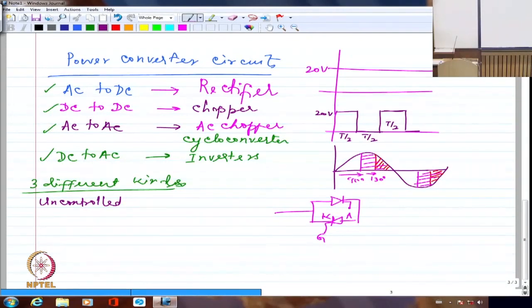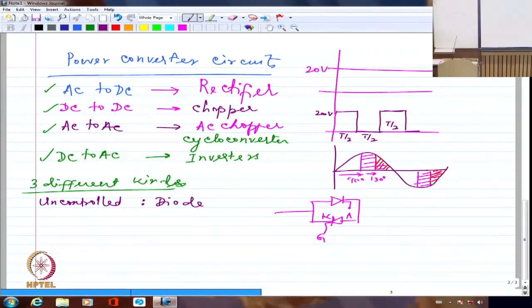For example, if I forward bias, it will conduct no matter what. If I reverse bias, it will stop conducting. I don't have any control. It will conduct no matter what if you forward bias it. So, uncontrolled device, typical example is diode. We will call it a power diode because it is going to handle a larger power. That's all. Otherwise, it behaves exactly like the normal diode.